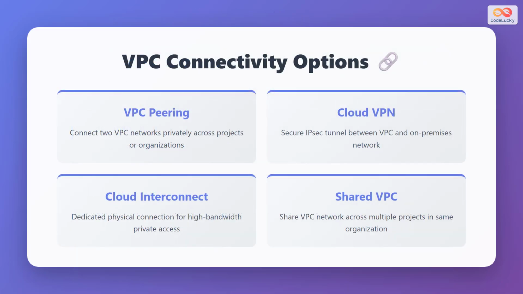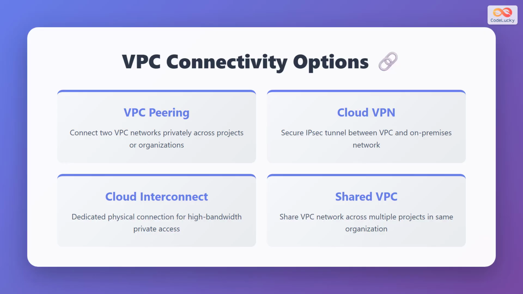GCP provides several powerful options for connecting VPC networks to other networks. VPC peering allows you to connect two VPC networks privately, even across different projects or organizations, enabling resource sharing without exposing traffic to the Internet. Cloud VPN creates secure IPsec tunnels between your VPC and on-premises networks, perfect for hybrid cloud architectures.